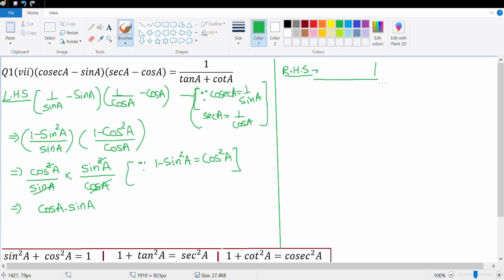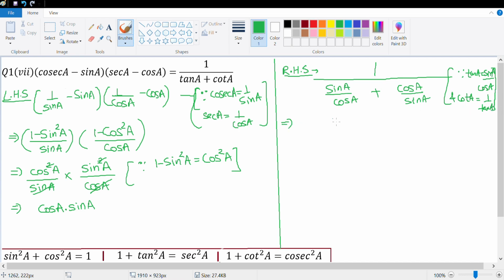So this would be 1 divided by sine A upon cos A plus cos A upon sine A. And the reason is that tan A is equal to sine A upon cos A and cot A is equal to 1 upon tan A. That's the reason. Next, let's take the LCM of the denominator.